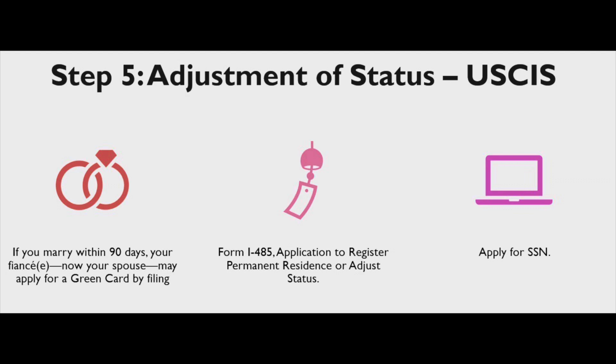Step 5, that is the adjustment of status, and you need to submit the form to the USCIS. So you apply for adjustment of status, you fill out the form I-485, application to register permanent residence or adjust status. At the same time, while you're applying for your adjustment of status, you can apply for a social security number.